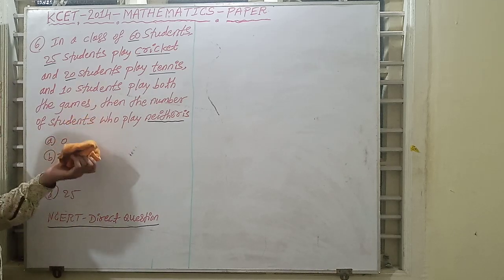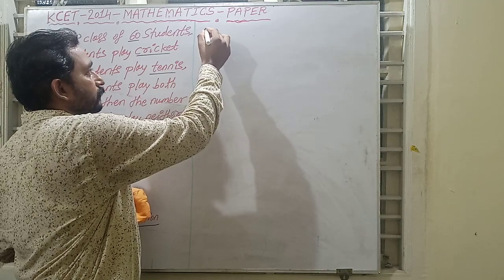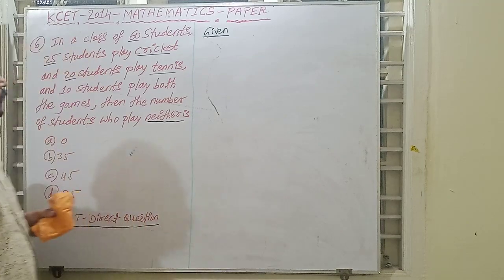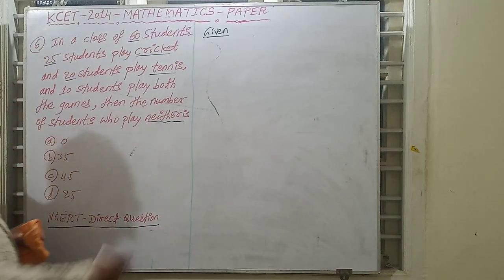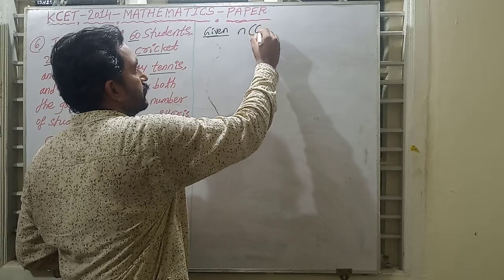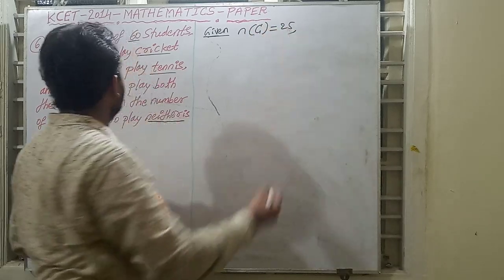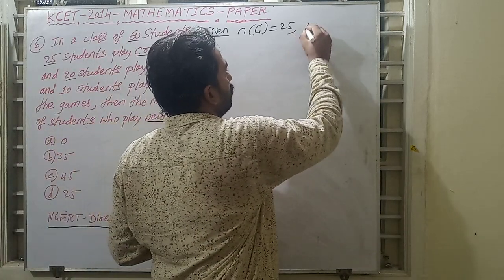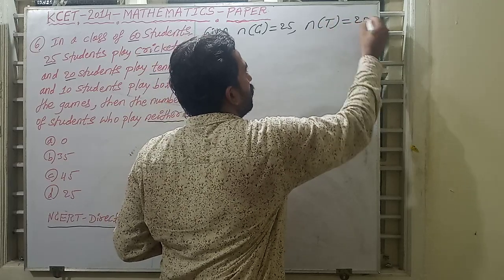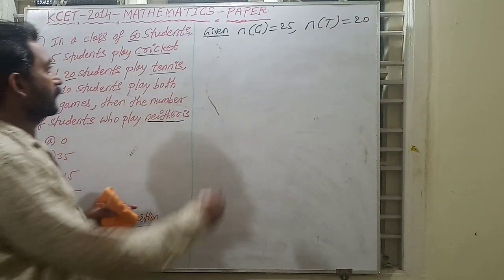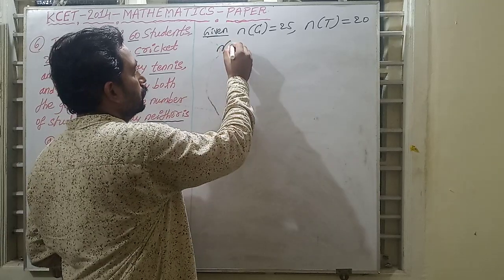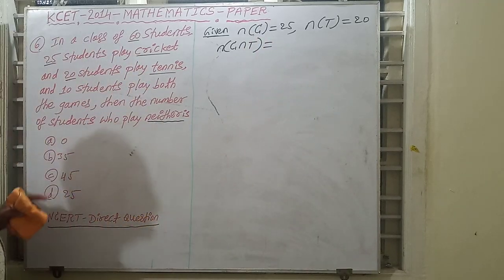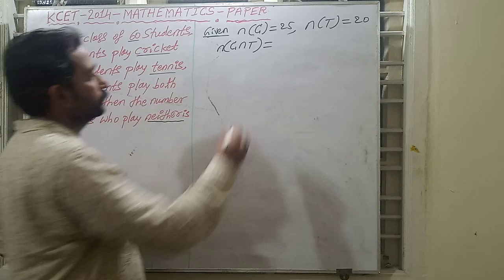Let us first write the given data, then we can find the answer easily. 25 students play cricket, n of C is 25. 20 students play tennis, n of T is 20. 10 students play both games, n of C intersection T is 10.